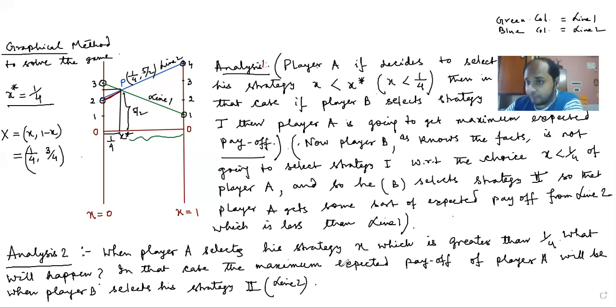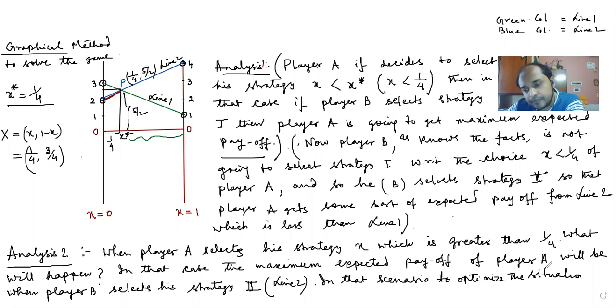But obviously player B is not a dull player, so in that scenario, to optimize the situation, player B decides to select strategy 1.